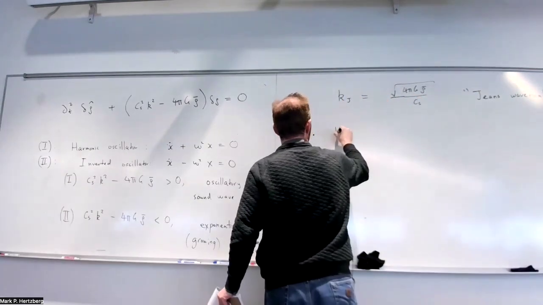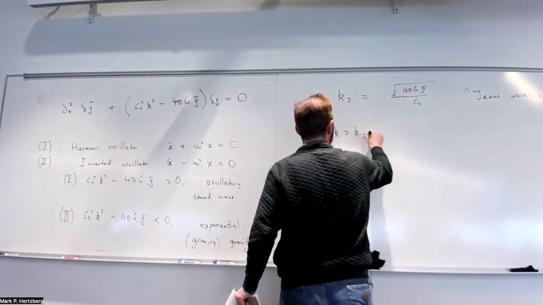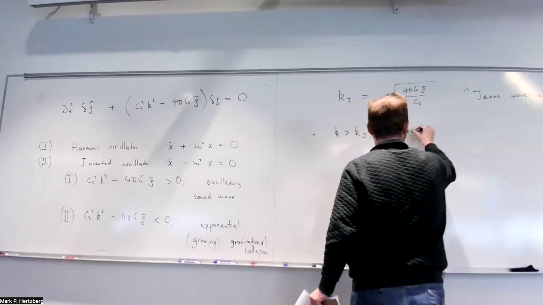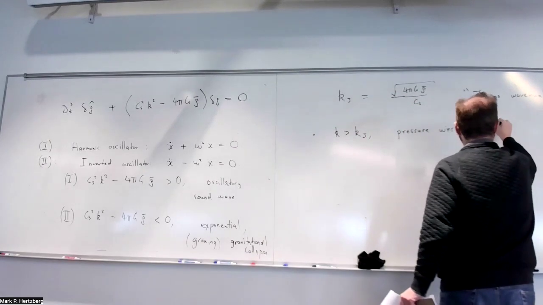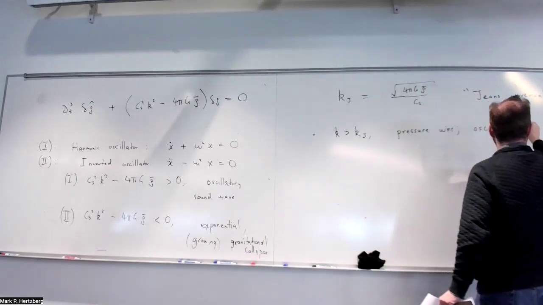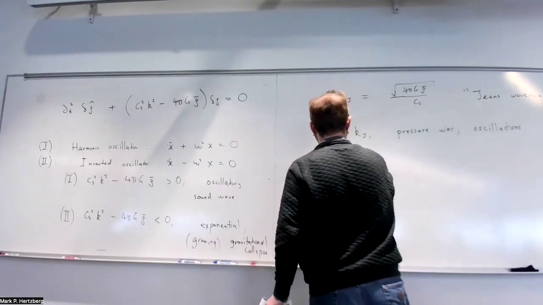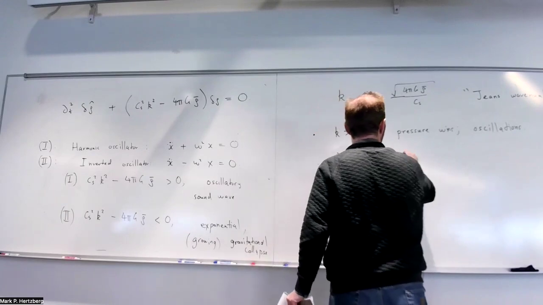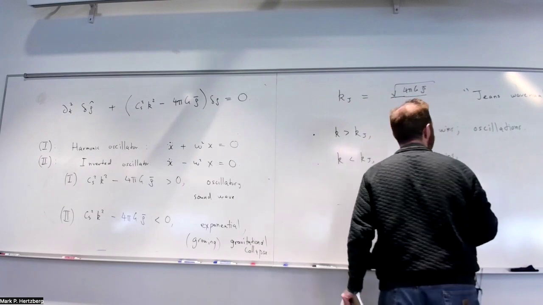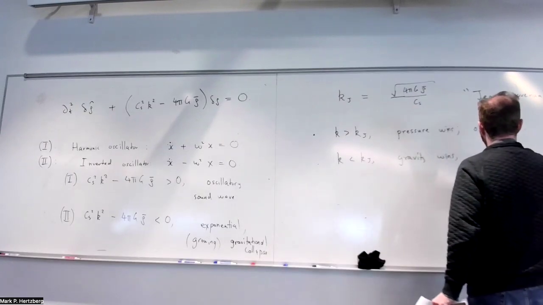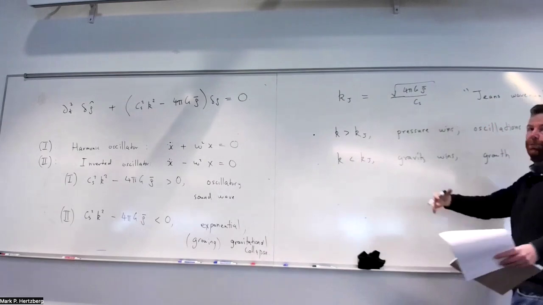So again, the statement is that for k greater than k Jeans, pressure wins and you have oscillations. And for k less than k Jeans, gravity wins and you have growth, growth in the density.